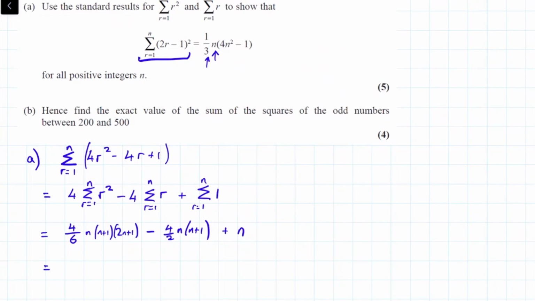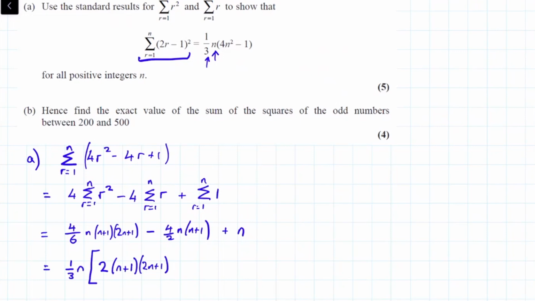So this first term is 4/6. That is 2/3. So we are going to force out 1/3 n from that. I'm going to put a big square bracket. This is 2/3, so we will be left with 2. And the n has come out, so we've got n plus 1, 2n plus 1 left in the bracket. This one is 4 divided by 2, which is 2.